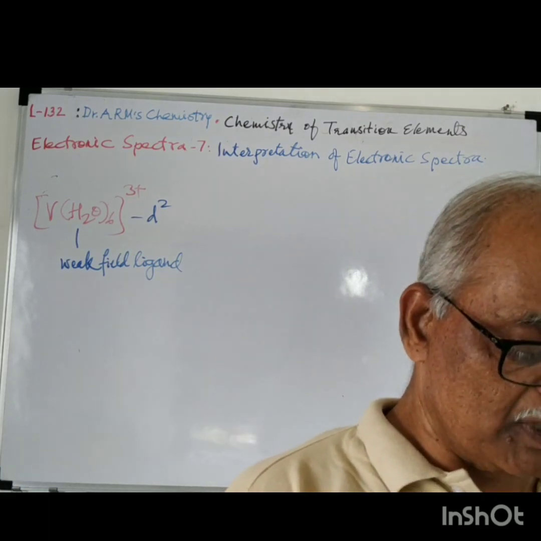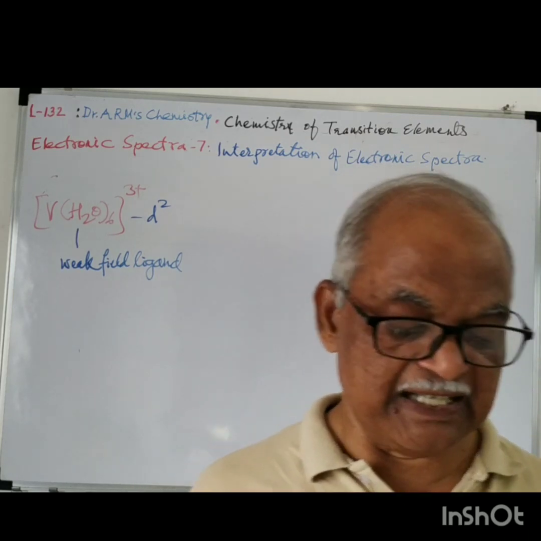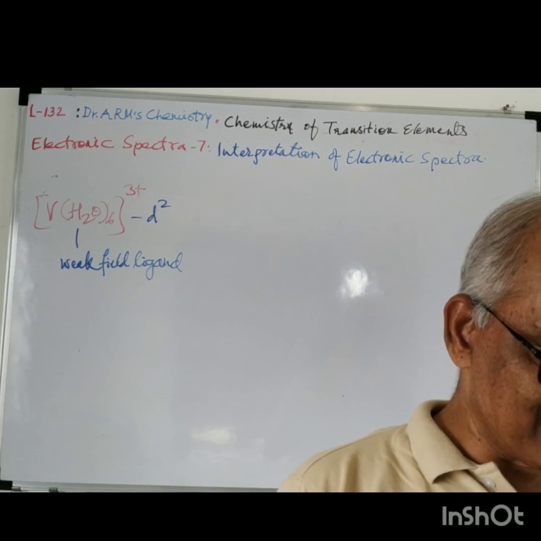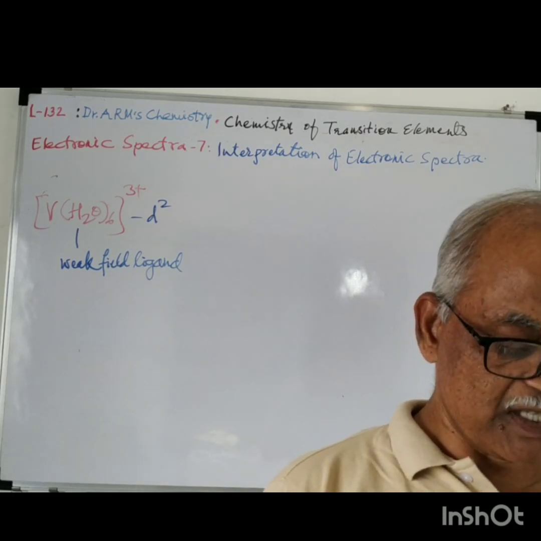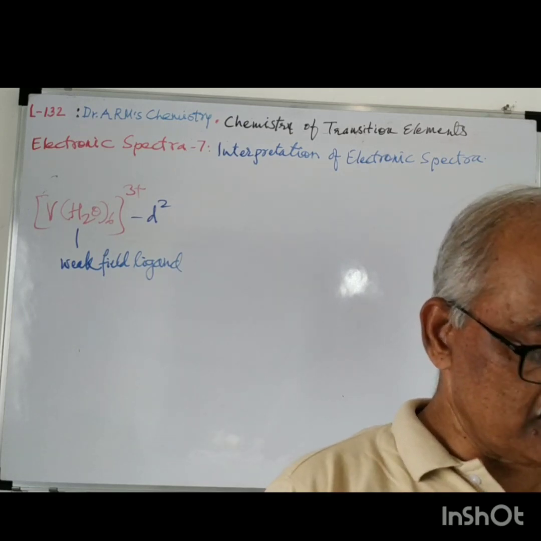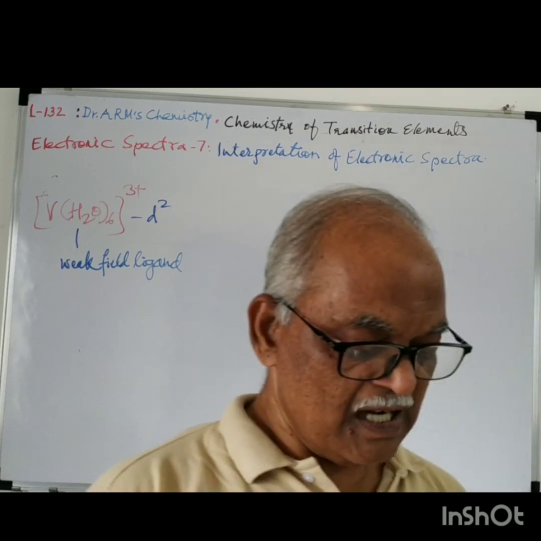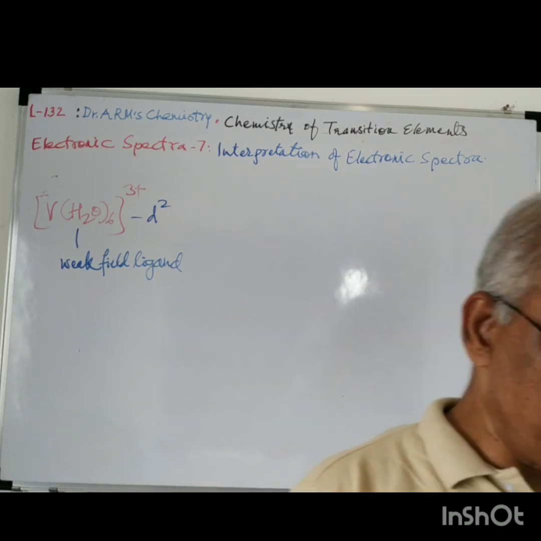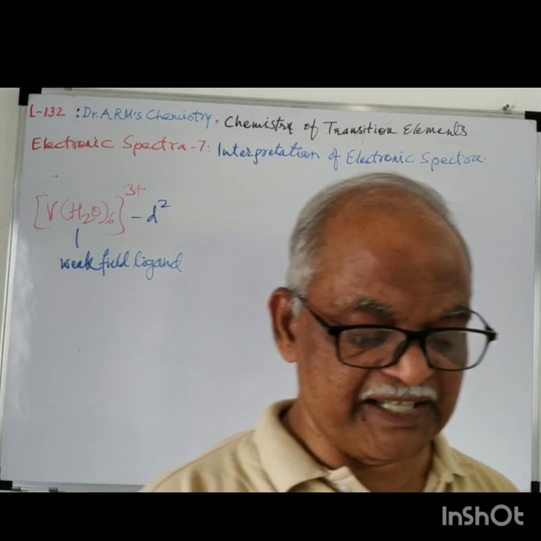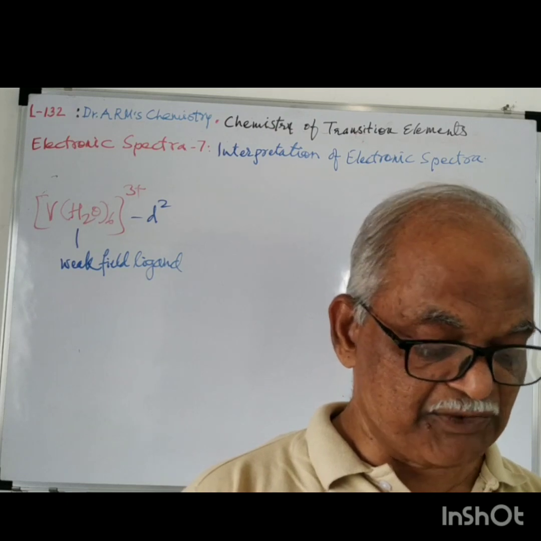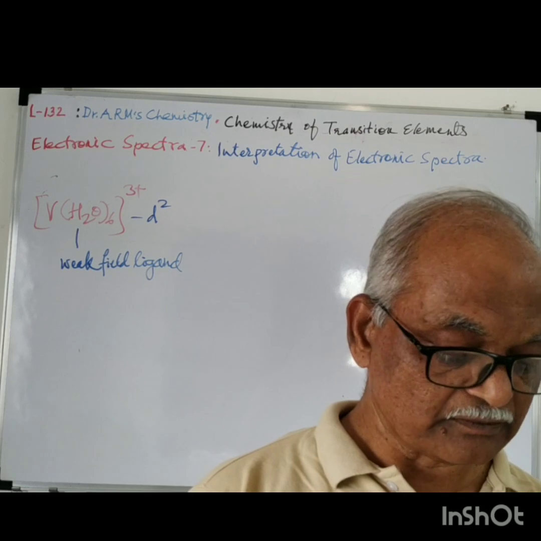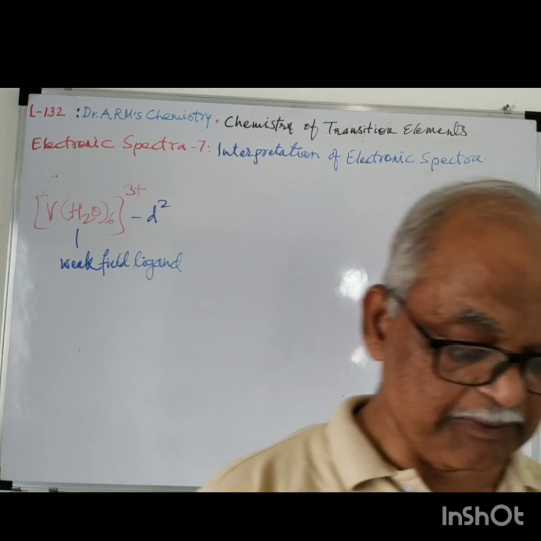Therefore, the triplet T1G(P) and triplet A2G levels are lying near the crossover, and hence these two transitions are not resolved into separate peaks, because the ligands are weak field. So there are no separate peaks observed.